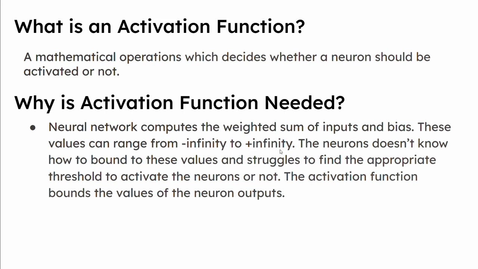So we need to decide that above a certain value it should be activated, or below a certain value it should be deactivated. Since it ranges from minus infinity to infinity, it becomes very troublesome to decide what the threshold should be. So the activation function bounds the values of the neural output.